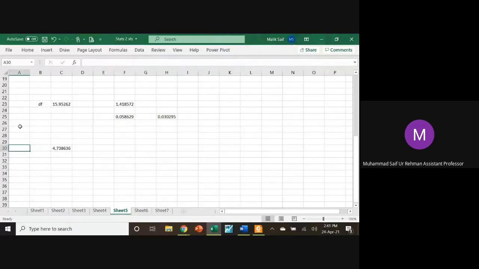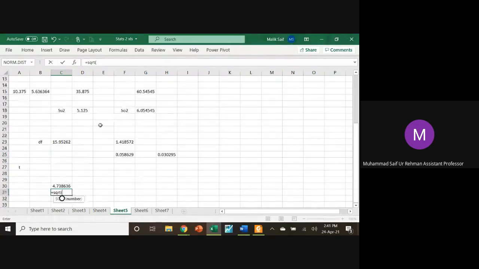Let's say this is the numerator. So what will be the denominator? For that, you may write it as square root of S1 square divided by N1. So N1 was 8.